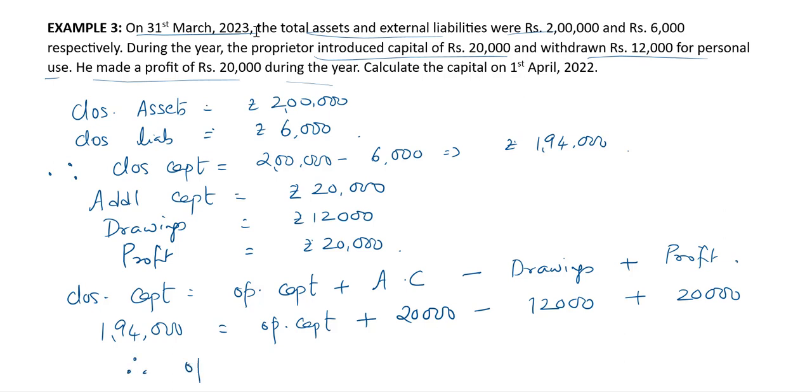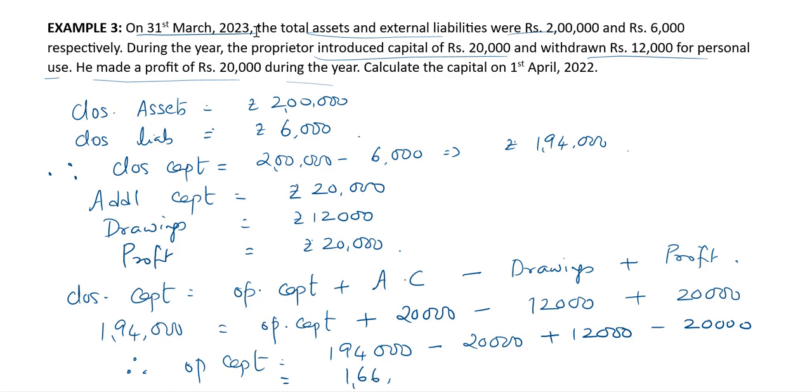Therefore, opening capital is equal to 1,94,000 minus 20,000 plus 12,000 minus 20,000. So this is equal to 1,66,000. So the opening capital is rupees 1,66,000.